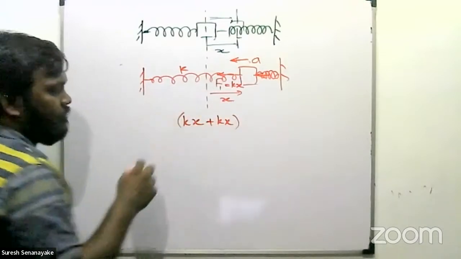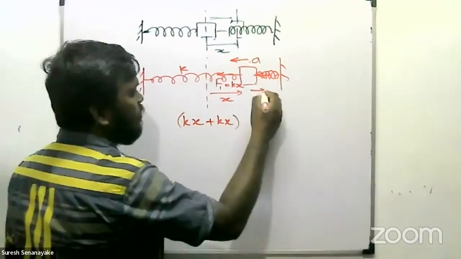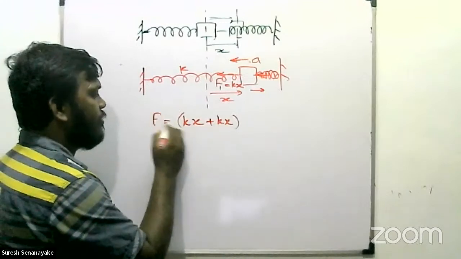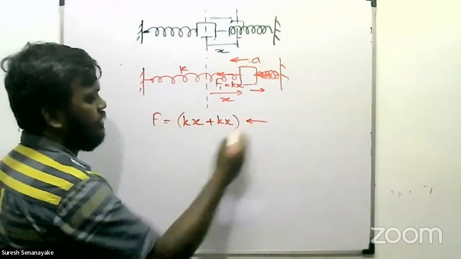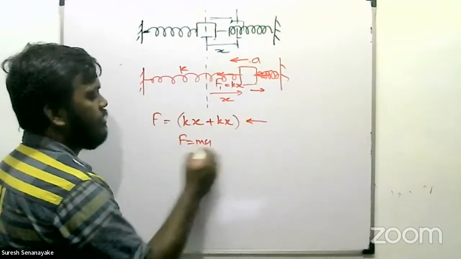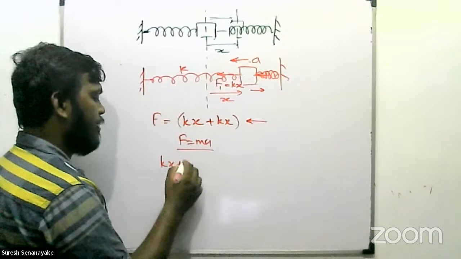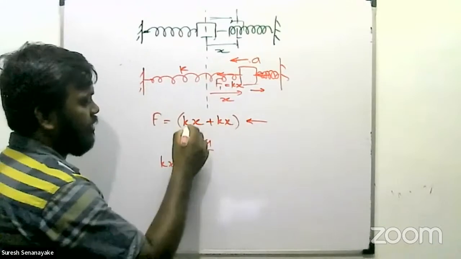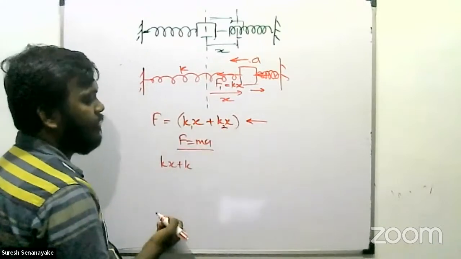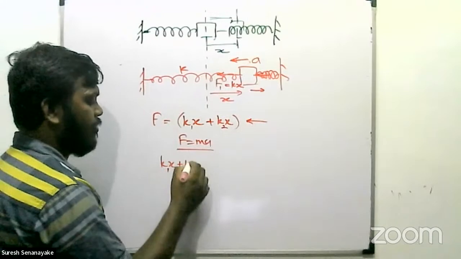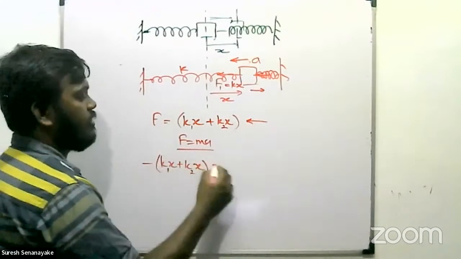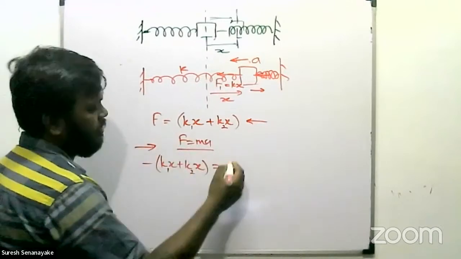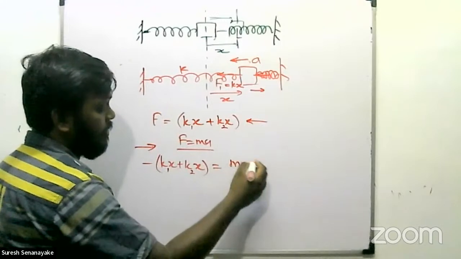The acceleration is in this direction, so I apply F equals ma. This is the resultant force on the block, so k1x plus k2x, like that. The minus sign means the force acts in the opposite direction, equal to mass multiplied by acceleration.